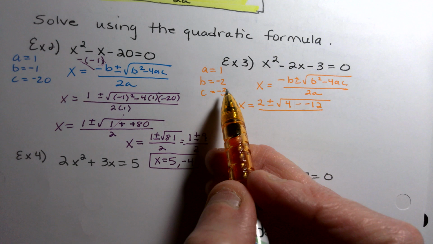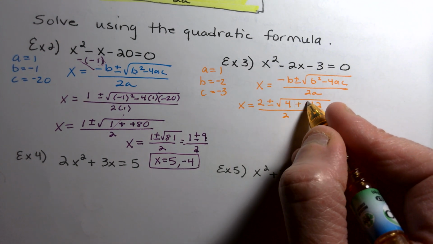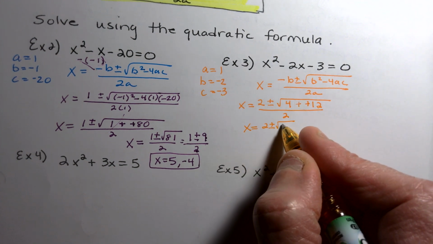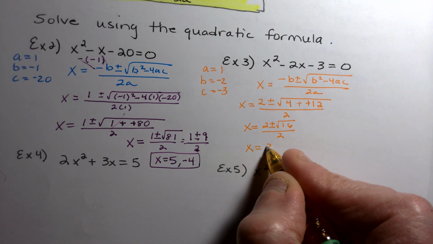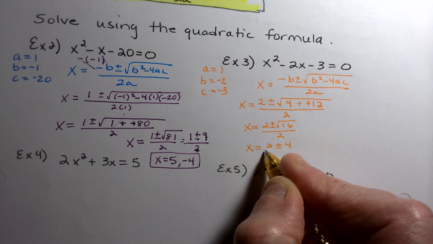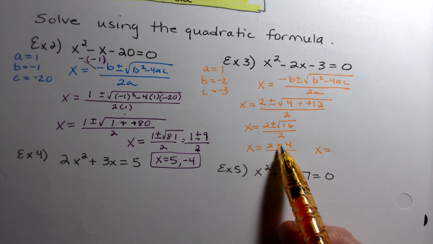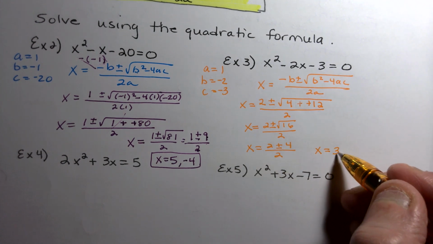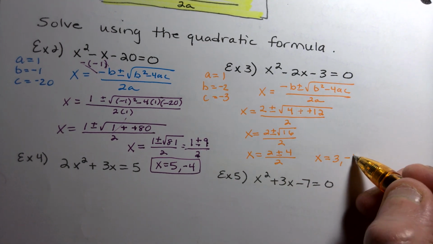All over 2 times A, which is 2. 2 plus or minus the square root of 16 all over 2. Oh, that works out nice again. Square root of 16 is 4. So 2 plus 4 is 6. Divided by 2 is 3. 2 minus 4 is negative 2. Divided by 2 is negative 1.